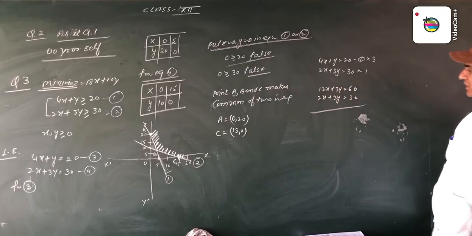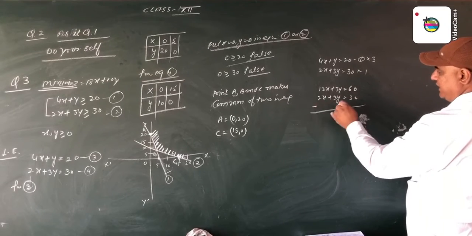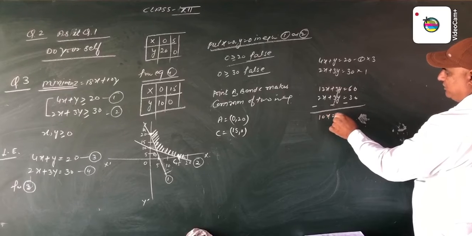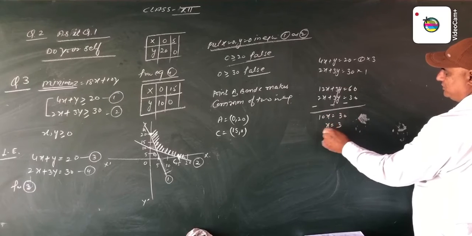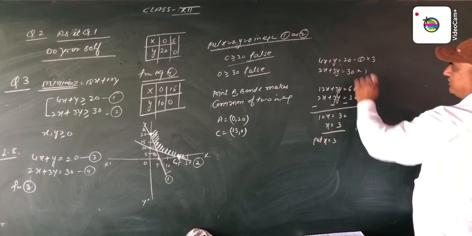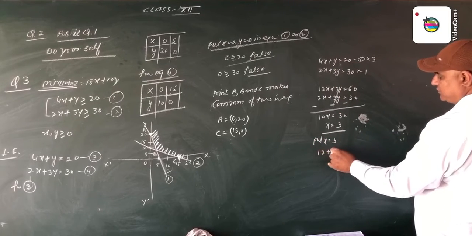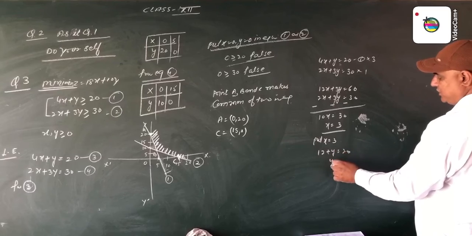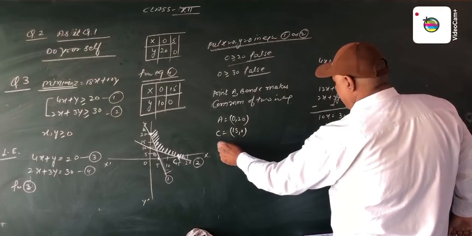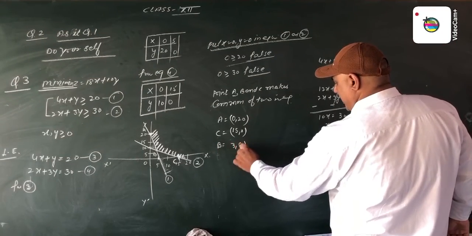The 3y cancels. 10x is equal to 30, so x is equal to 3. Put x is equal to 3 in equation first: 12 plus y is equal to 20, so y is equal to 8. Then the coordinates of point B are x is 3, y is 8.